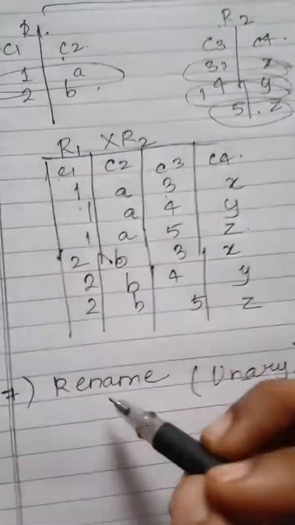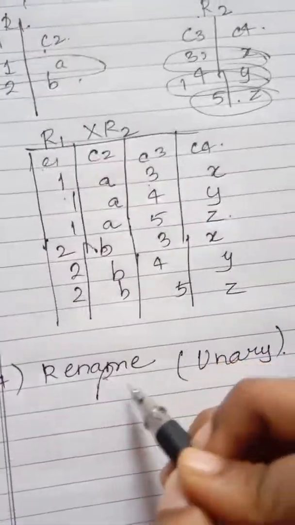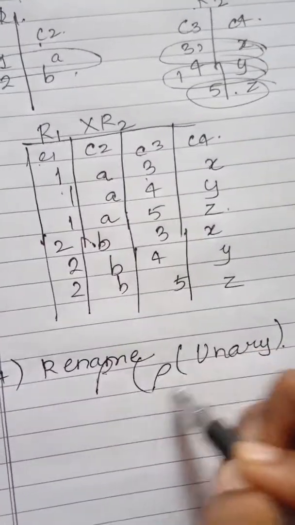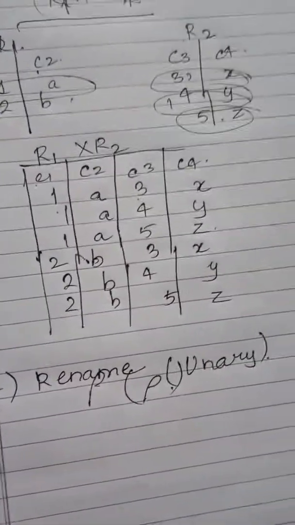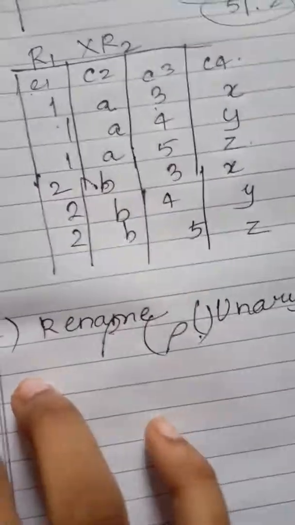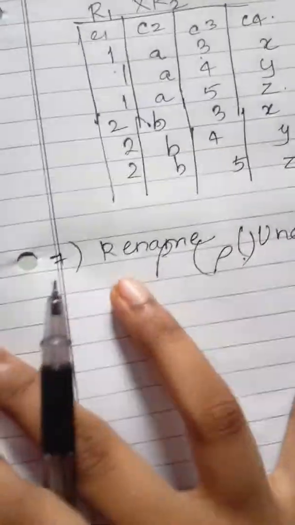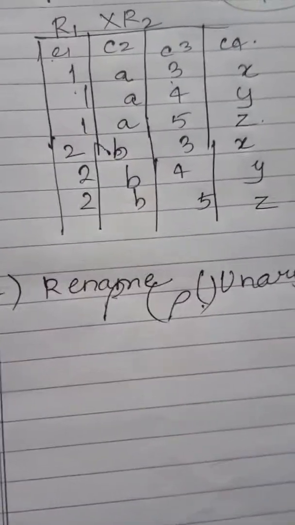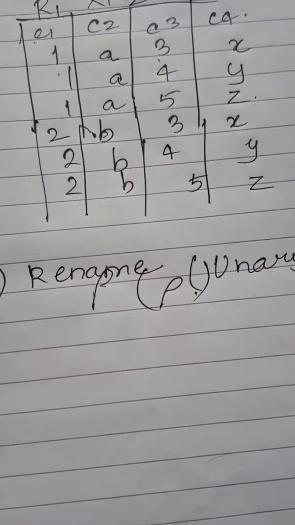The rename operation is denoted by rho. Suppose we have made a new table, or we are finding some data, but we want to rename the columns or the table name.